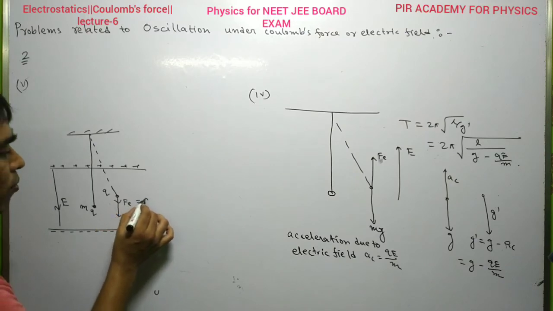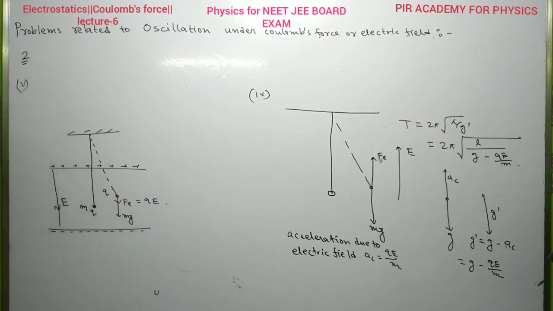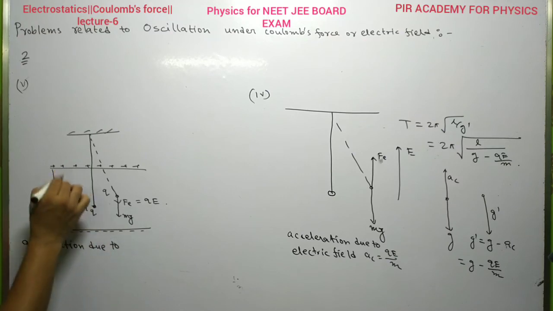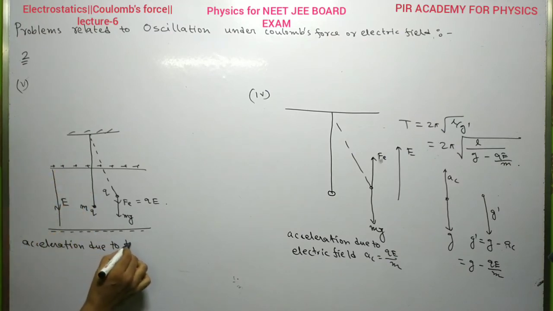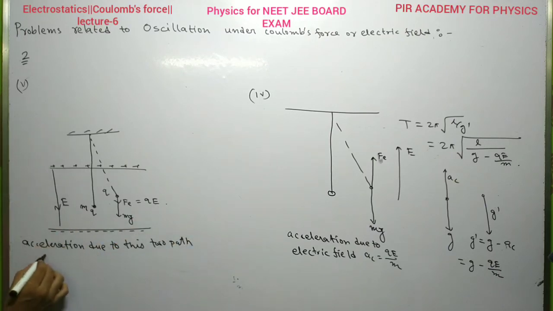The electric force will be Q into E. So acceleration due to these two plates, a_E, will be qE by m, the similar calculation.